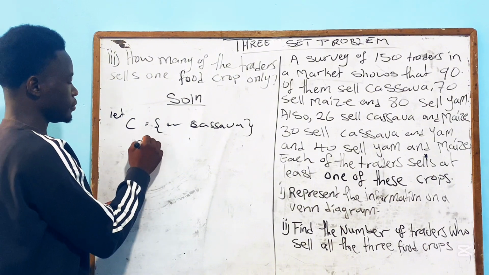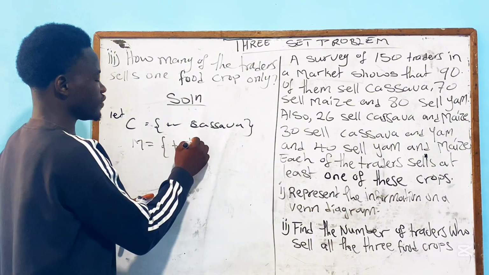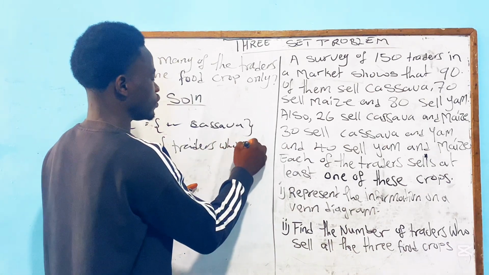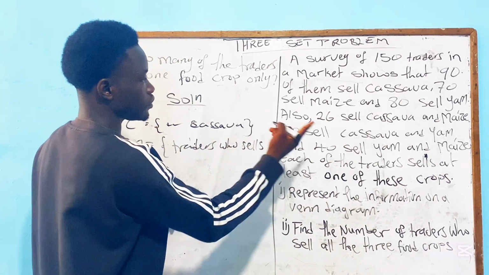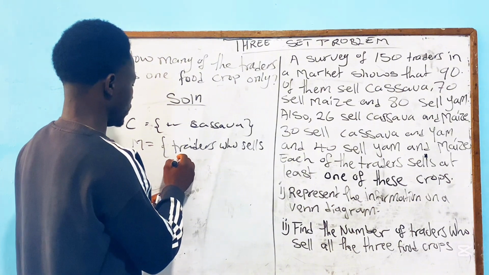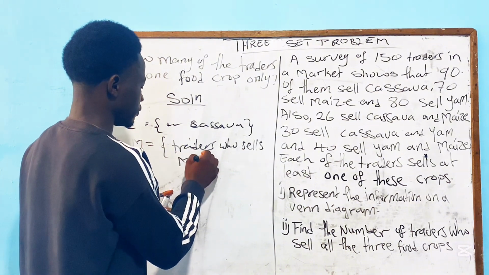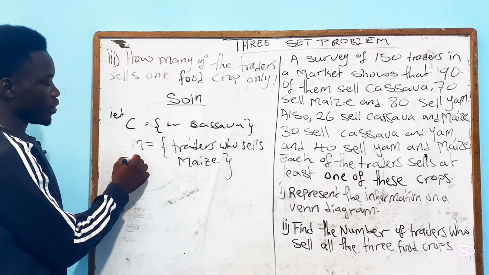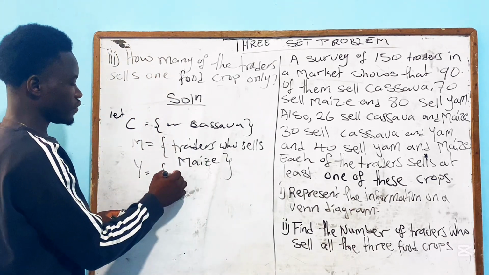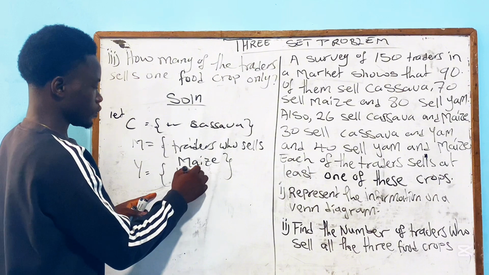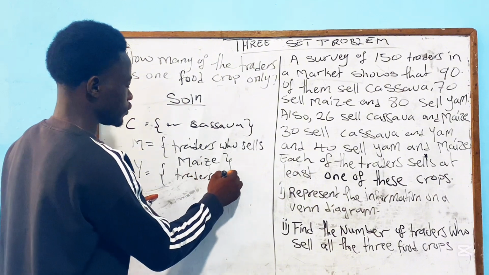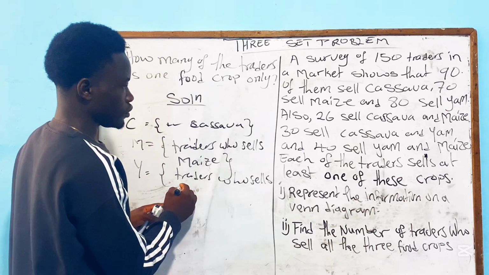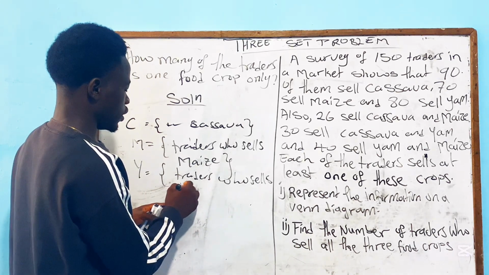Then M, traders who sell maize. Then we have Y, set of traders who sell yam.